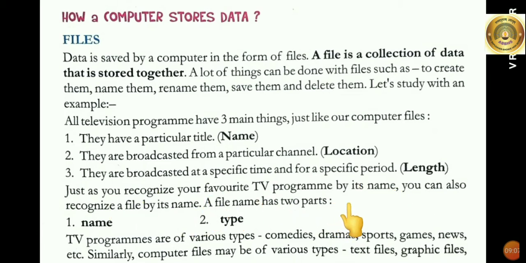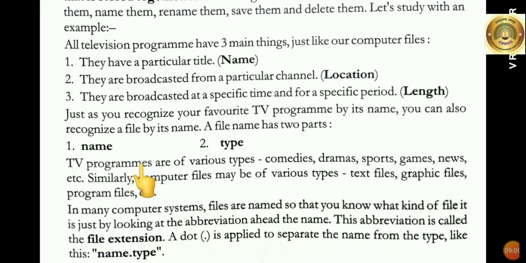A file name has two parts, that is first a name and second a type. TV programs are of various types: comedy, drama, sport, game, news. Similarly, computer files may be of various types, that is text files, graphics files, program files, etc. In many computer systems, files are named so that you can tell what kind of file it is just by looking at the abbreviation after the name.